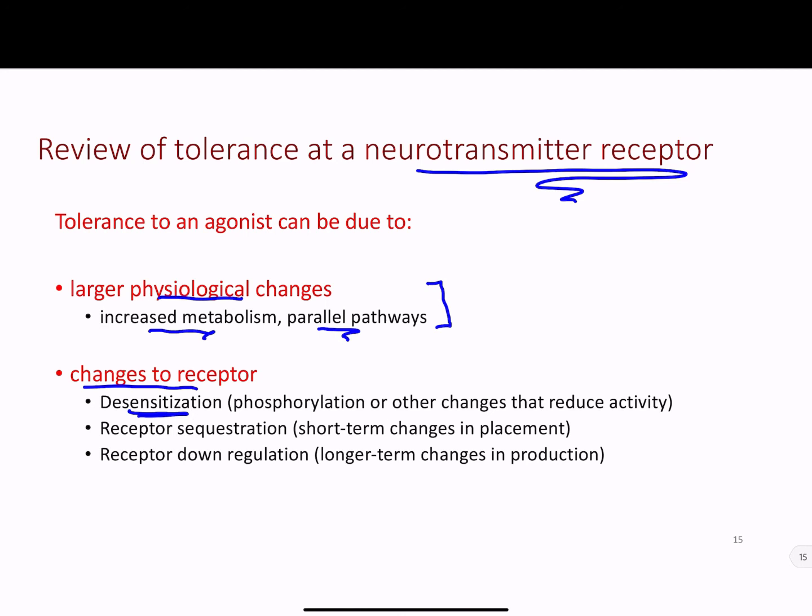A second later, you want it to work again, you dephosphorylate. It's that simple. If you want something to last a little longer, you can endocytose a receptor, hang on to it for a while, and then put it back onto the membrane when you need it. Or if you really want a long-term effect, you can just completely downregulate that receptor transcription and translation.